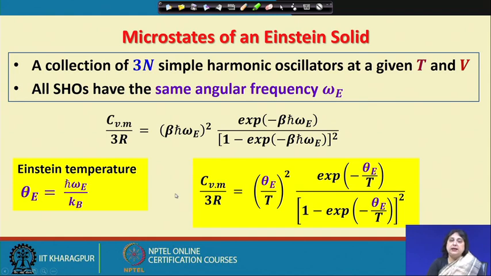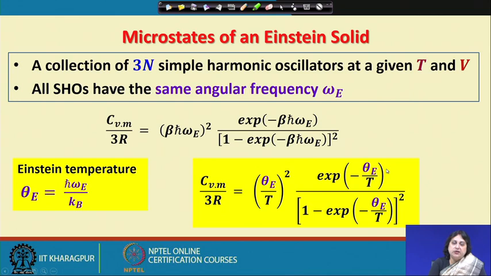So, as you see, by having a microscopic model of the solid in terms of the different collective vibrational motions, we have been able to express the specific heat as a function of temperature, because temperature appears over here, and the characteristic properties of the system in terms of its microscopic parameters appear here in terms of this Einstein temperature.